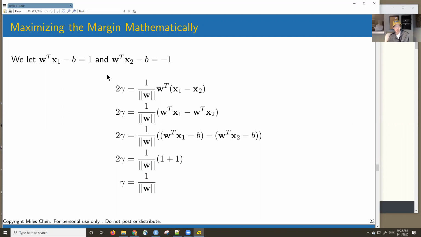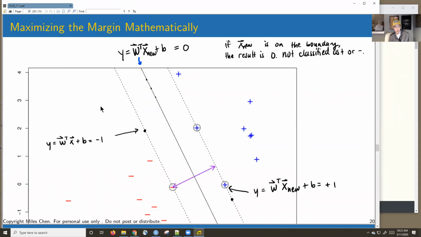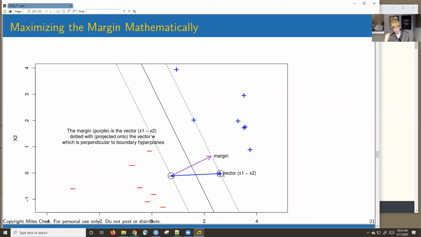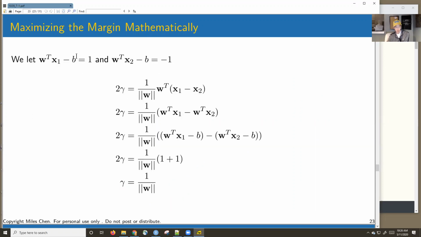What we're going to do again is say this value is equal to +1, and this value is equal to -1. So if we let w transpose x1 minus b equal +1, and w transpose x2 minus b equal -1, for some constant value b, then we can expand this out. If we distribute the w transpose, we get w transpose x1 minus w transpose x2.